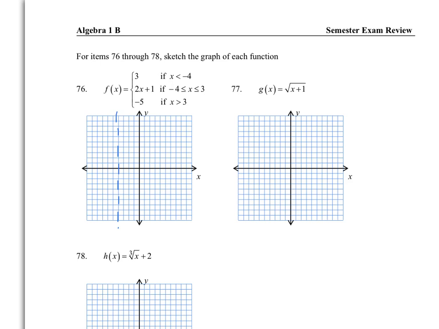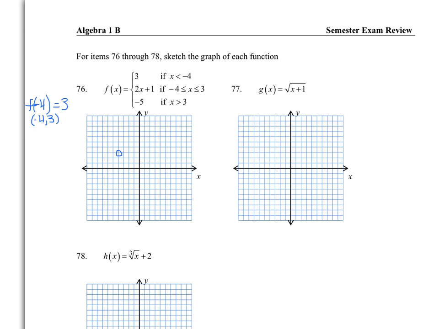So I want to know what f of -4 is with that first function. Since there's no variable, it's going to equal 3, which gives us a point of -4, 3. Now I can see that it's going to be an open circle because it's less than. So I can plot -4, 3.